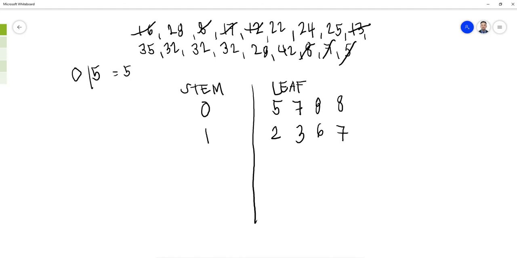For the 20s part, we have 22, 24, 25, and 2 28s.